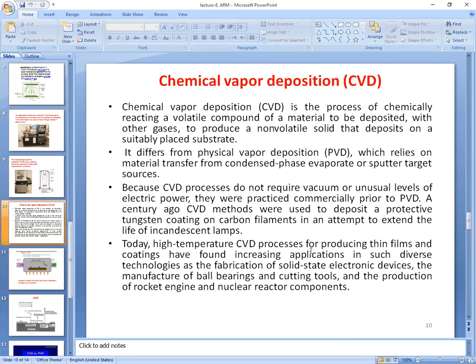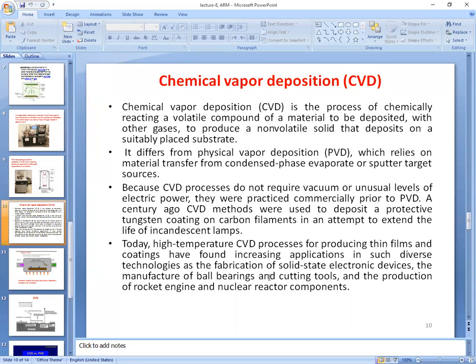Today, high temperature CVD processes for producing thin films and coatings have found increasing application in such diverse technology as the fabrication of solid state electronic devices, the manufacture of ball bearings and cutting tools, and the production of rocket engine and nuclear reactor components.